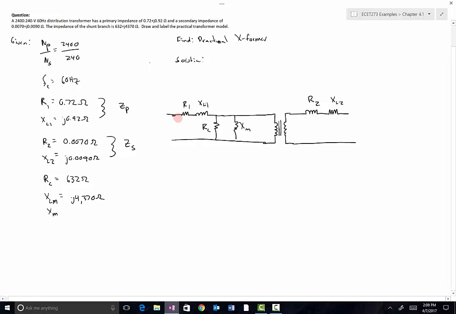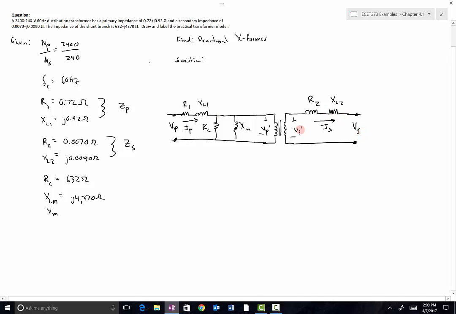We just have to remember that these are the actual input terminals to the transformer, so the primary voltage appears here. The current through R1 and XL1 is considered the primary current. The actual output terminals of the transformer are the secondary terminals, which occur right here. There's only one branch here, so that is I secondary. A lot of times this is called VS prime and this is called VP prime. They're not equal to VS and VP because of these series elements.